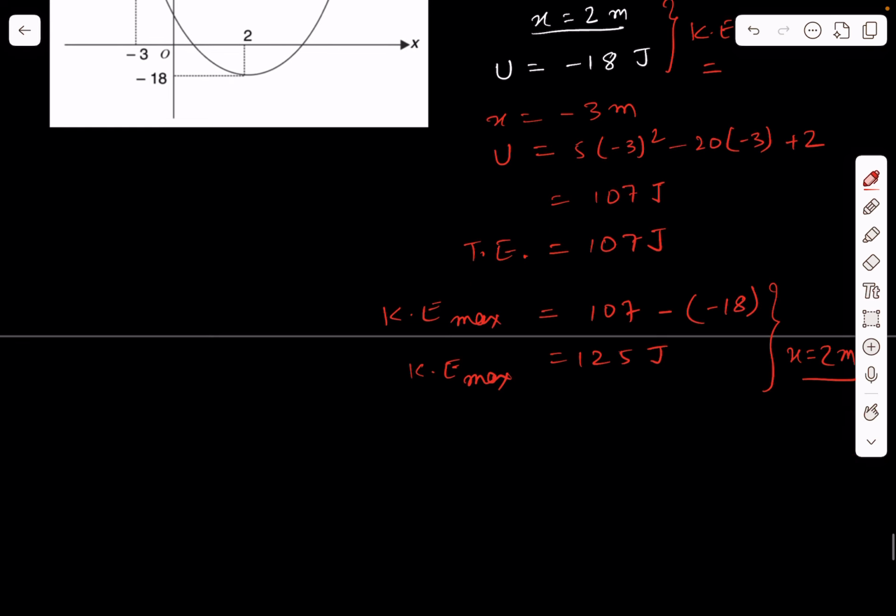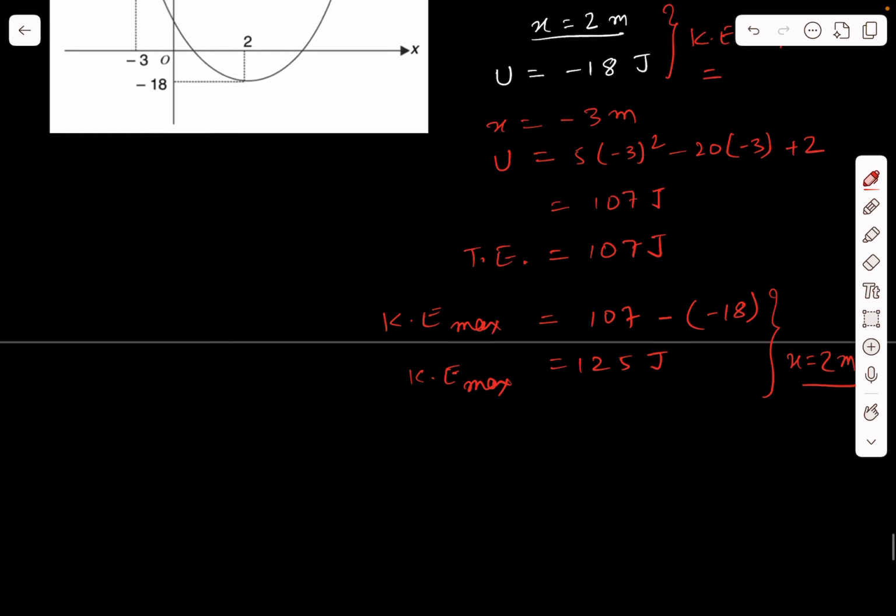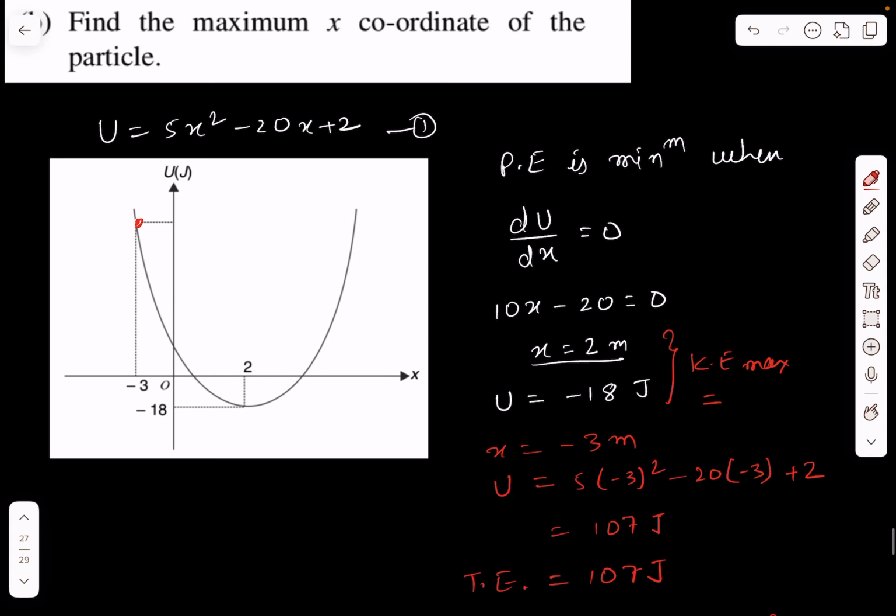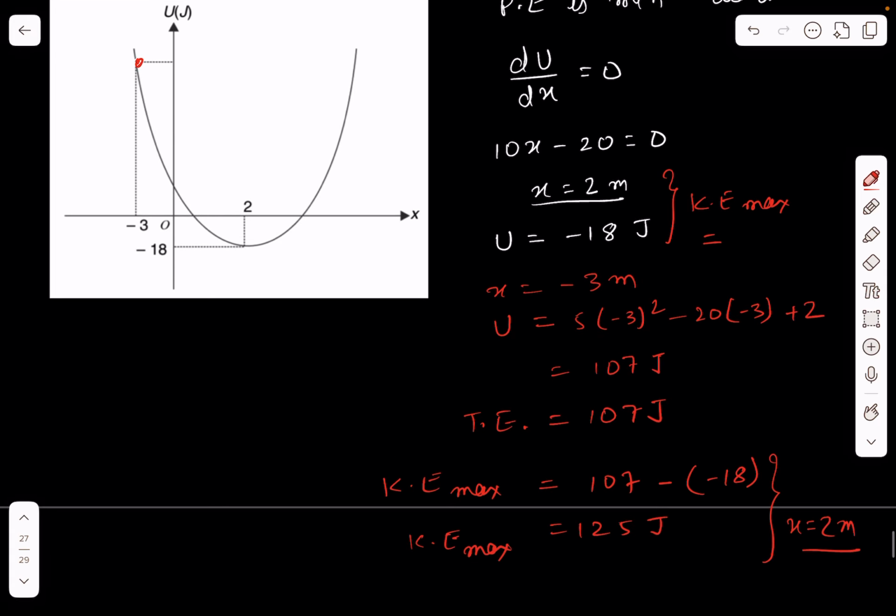In the second part, we have been asked the maximum x coordinate of the particle that it will travel. So again we can see from the symmetry of the graph that somewhere here the potential energy will be maximum and kinetic energy will be 0 at that instant. Since it is a symmetrical graph, we do not need to go into too many calculations.